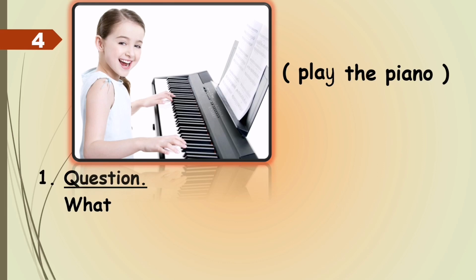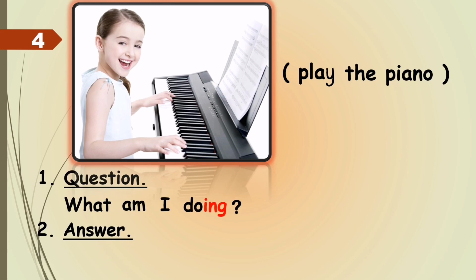Let's use the special subject I. The verb to be for I is am. And the subject, I. And the verb with ing, doing. And remember your question mark. What am I doing?